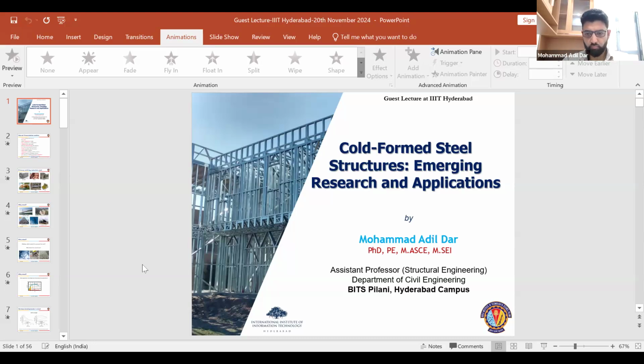With over a decade of research experience, he has held notable positions including as an MSCA fellow at the University of Sheffield, UK, where he led projects on advanced cold-formed steel built-up members funded by UK Research and Innovation, and as a postdoctoral fellow at the National University of Singapore, where he developed rapid installation movement connections for steel and composite structures.